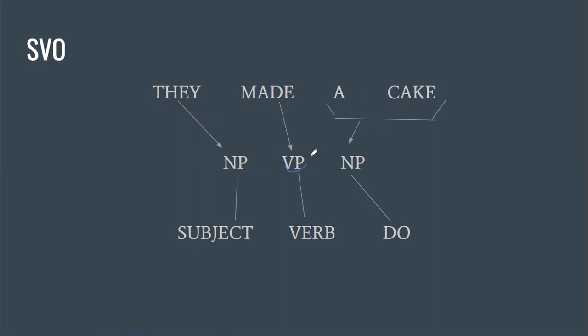It's acting as a verb phrase and it's a verb, so we have S and V. And "a cake," in this case, "a" is a determiner, "cake" is a noun, so this would be a noun phrase. And it's acting as a direct object. So we have SVO.